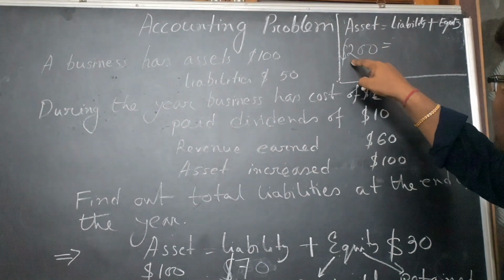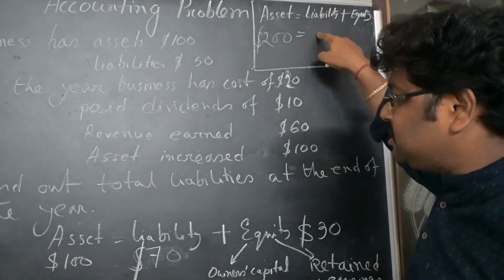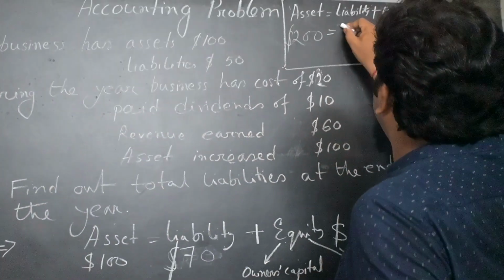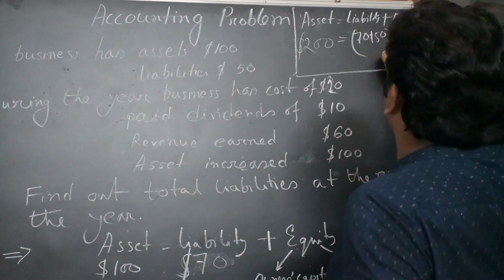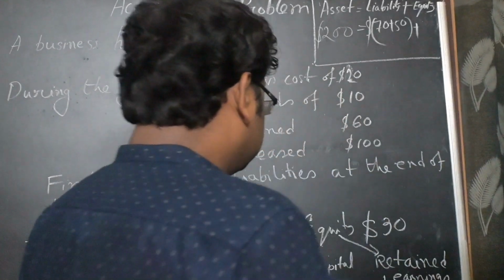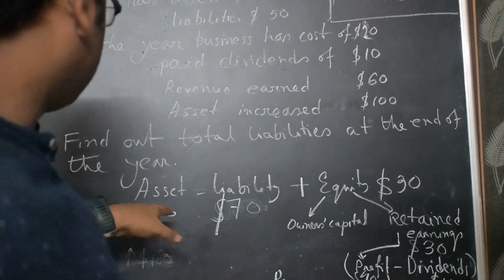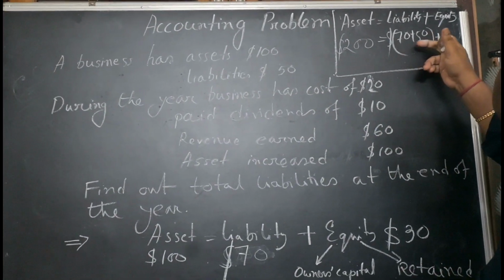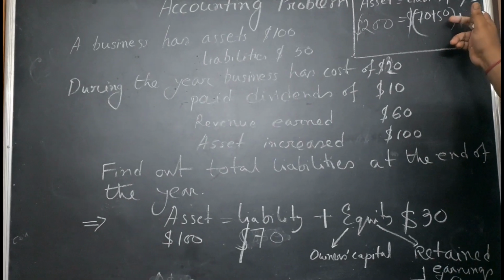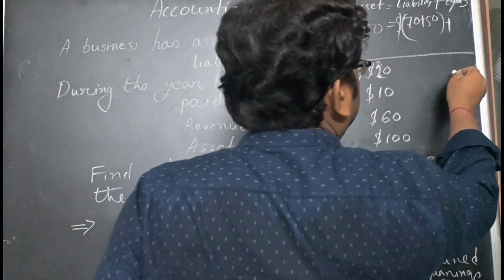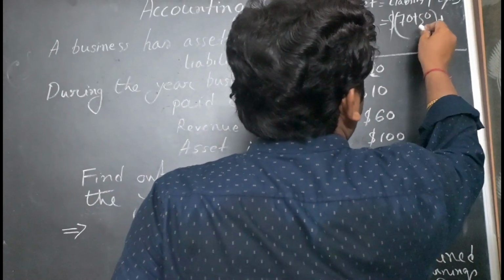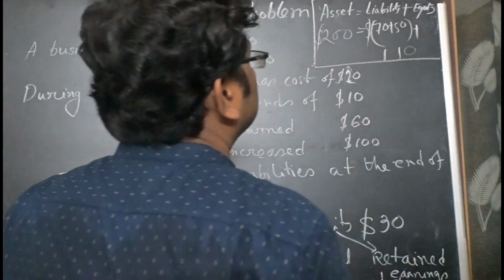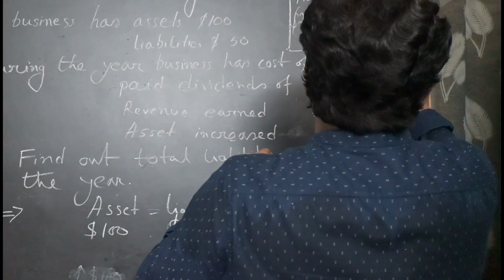So the asset at the end is $200, and the liability at the end is 70 plus 50, which is $120.